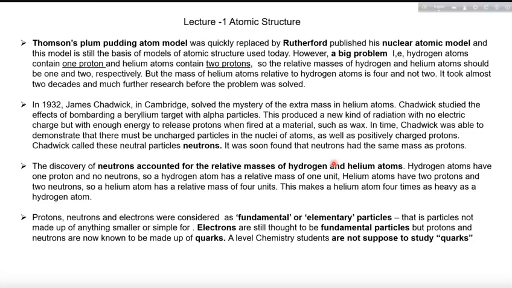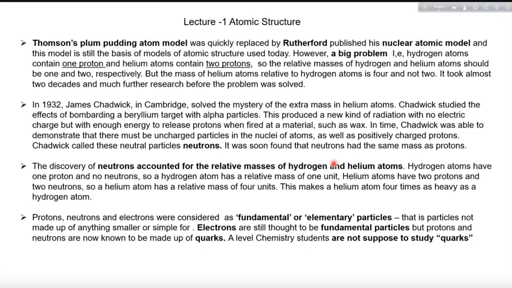That was a problem. This problem was solved by Chadwick, who discovered neutrons, which have no charge, but have the same mass as protons.